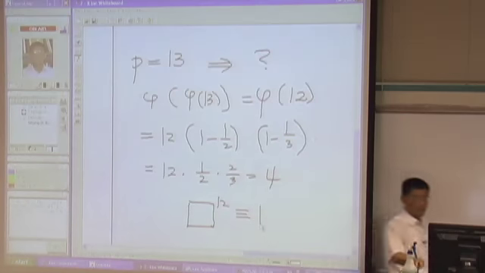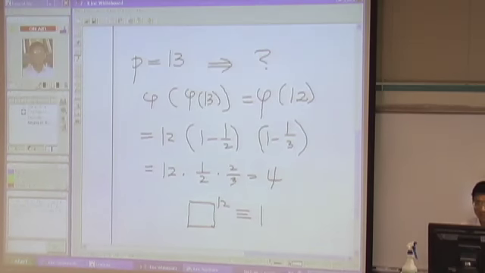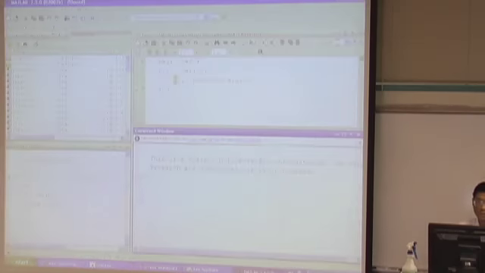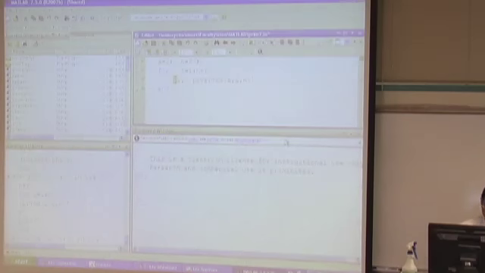So let's check it. I set p to 13, so let's run our program, running it from 1 to 13. When a is equal to 2, what happens?